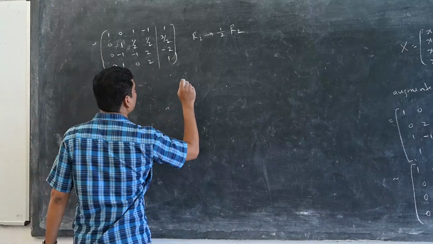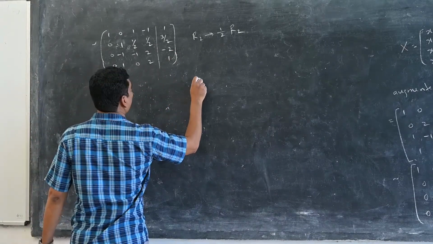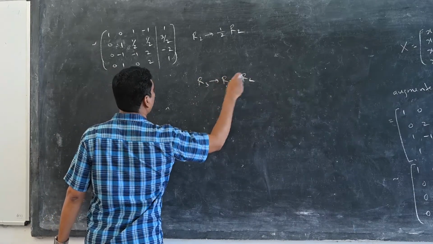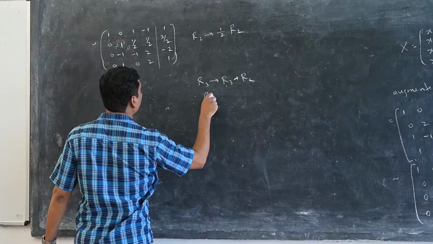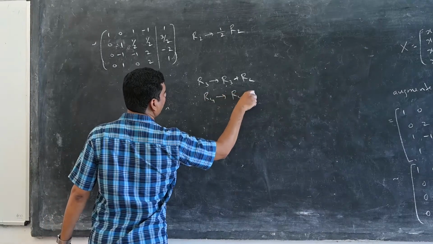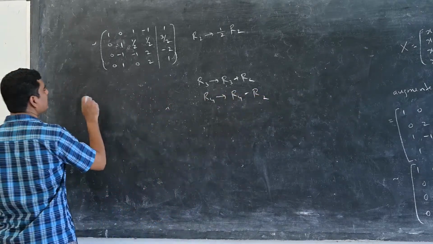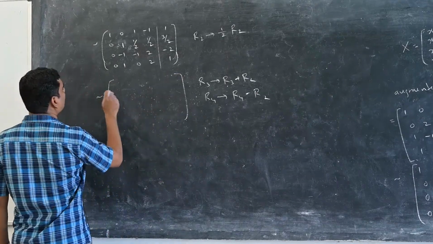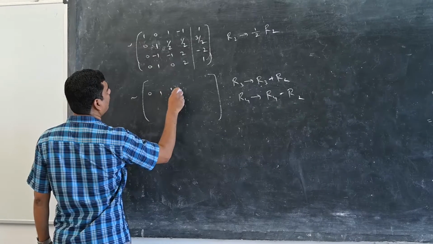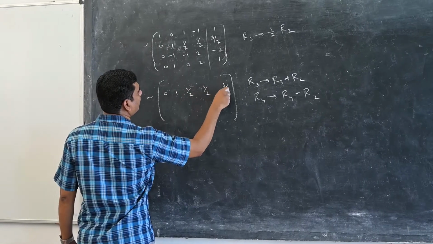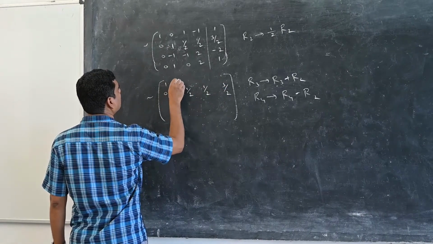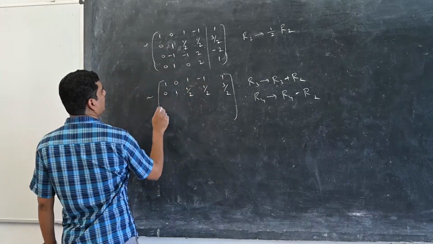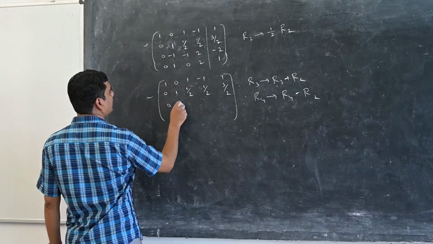So we have to do row operations: R3 goes into R3 plus R2, and R4 goes into R4 minus R2. This is equivalent to 1 0 1 minus 1 1, 0 1 1 by 2 1 by 2 3 by 2.